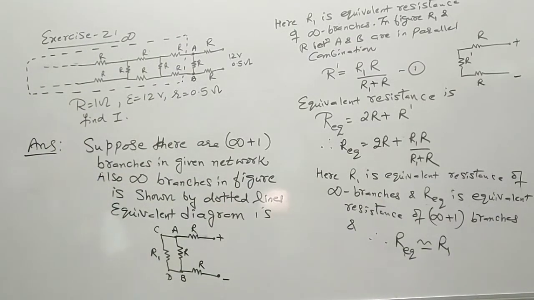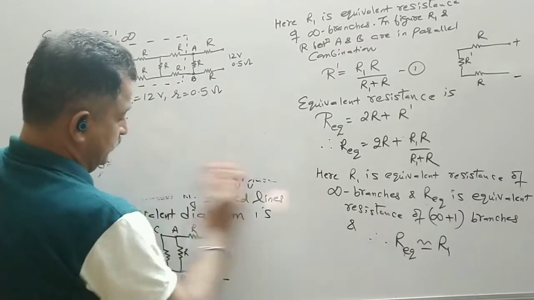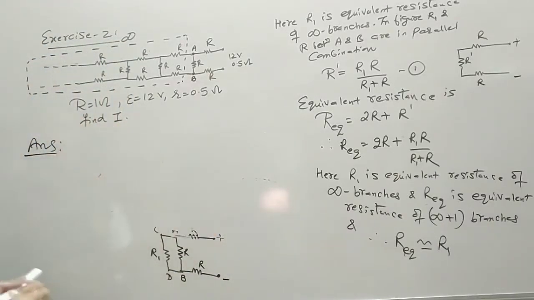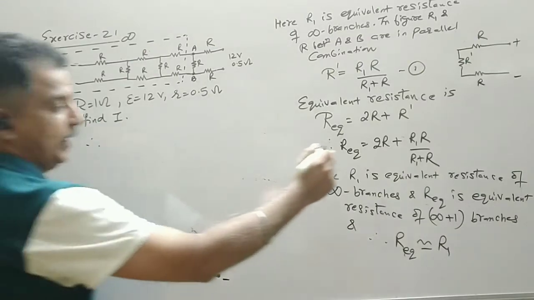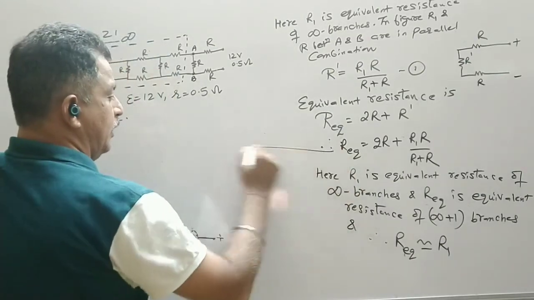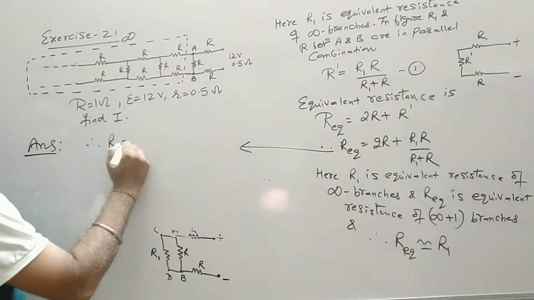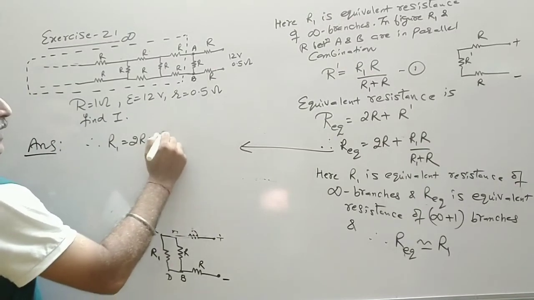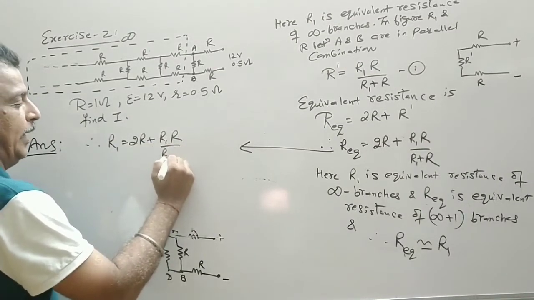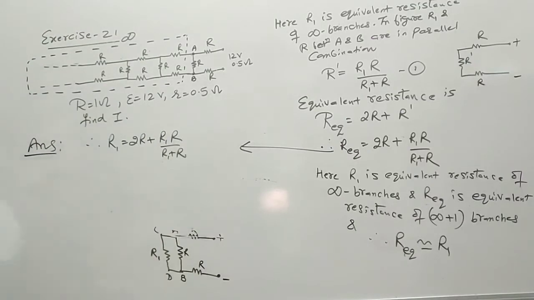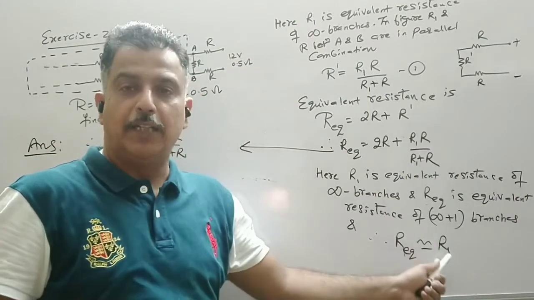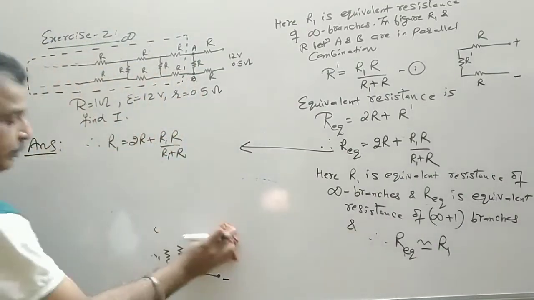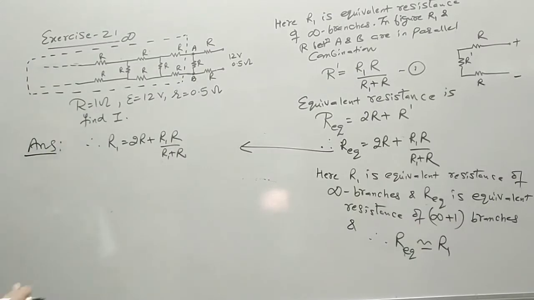So substituting this, in the place of R equivalent, I am writing R1 is equal to twice R plus R1R upon R1 plus R. We have to find out now this R1. So instead of finding out R equivalent, we will find out R1, because R1 is approximately equal to R equivalent.